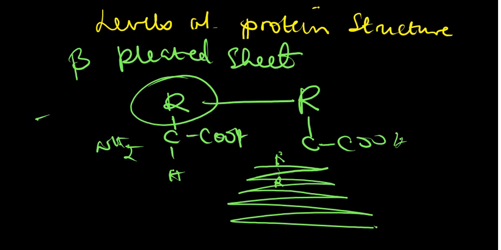The beta pleated sheet is best described in silk fibroin. So we can find it in silk. You notice that silk is not so easy to break because of its nature. This protein contains a number of adjacent polypeptide chains. They are adjacent because they're close to each other. These are the polypeptide chains, and they are more extended than the alpha helices.